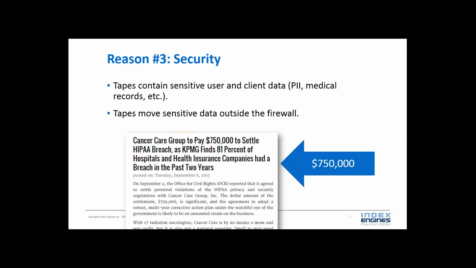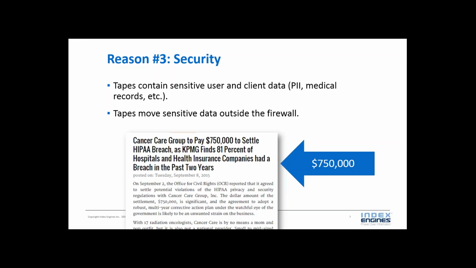Another case here, a recent case in September actually, so last month, where a cancer organization was required by the government to pay $750,000 to settle a HIPAA breach. This is where the IT organization left a whole set of backup tapes in the back seat of its car, and they were stolen.